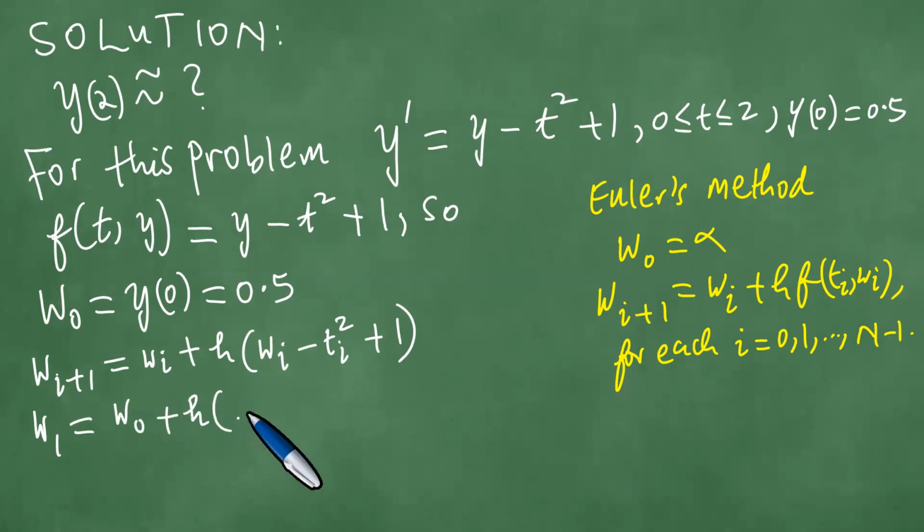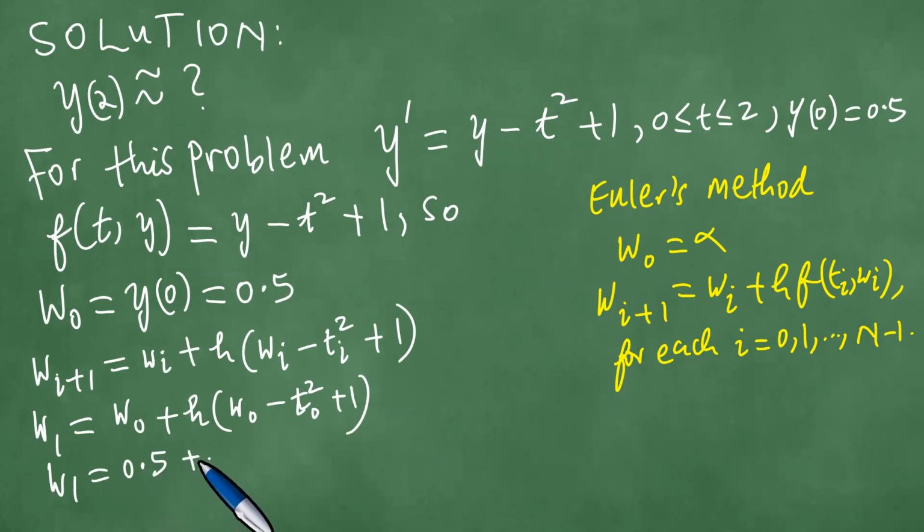So let's just write this. This will be W0 minus t0 squared plus 1, which means that you have W0, which is 0.5, plus h. Now h is 0.5 for this question, and W0 is the initial value, 0.5 in the question, minus the square of t0.